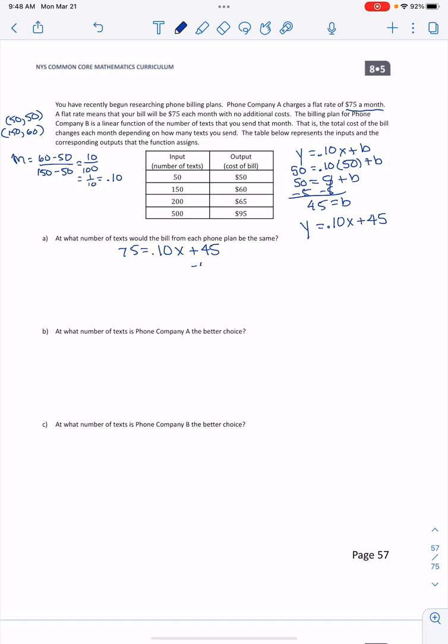So subtracting 45 from each side, I have 0.10x equals 30, and dividing both sides by 0.10, I have x equals 300, which means 300 texts.